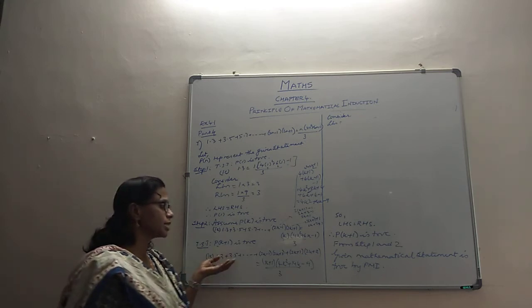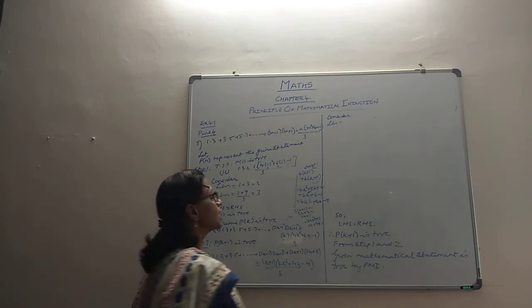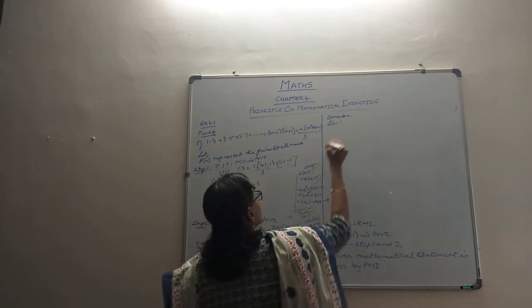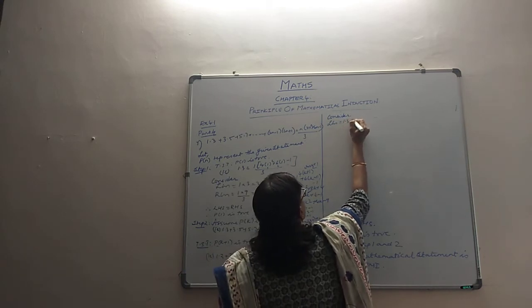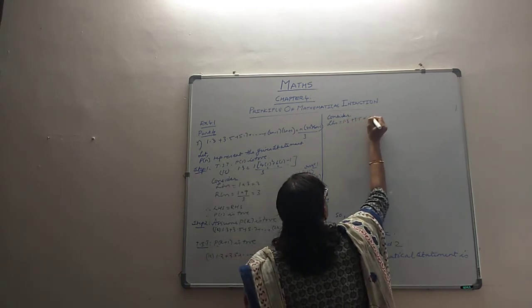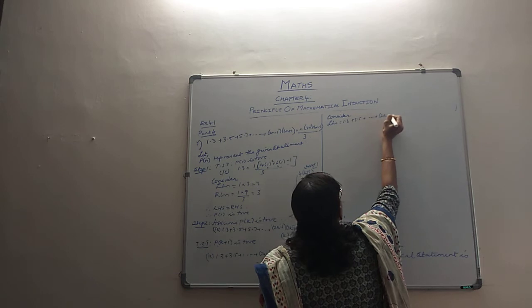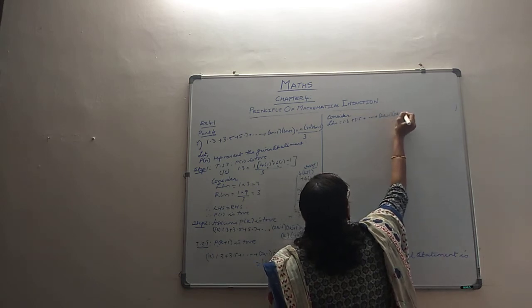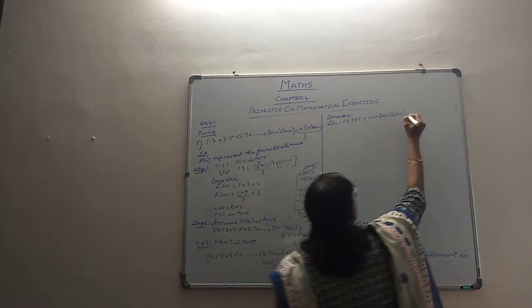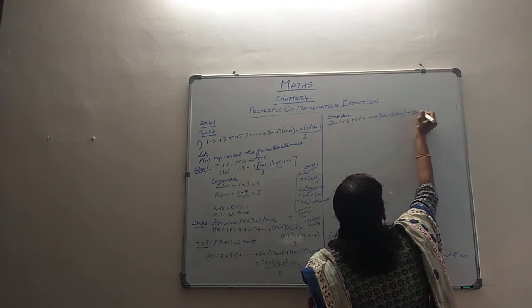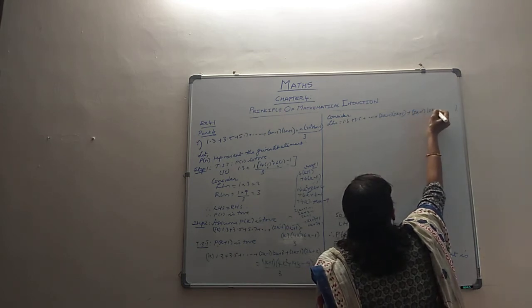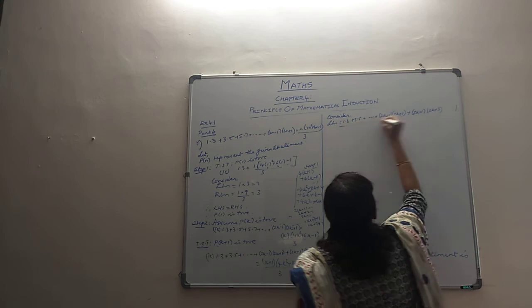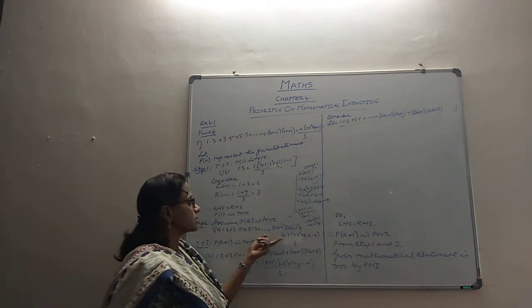Now in order to show this, let's consider the LHS and see how it works. In the LHS, we've got 1 into 3, 3 into 5, and so on. We reach till 2k minus 1 into 2k plus 1. The next term is 2k plus 1 into 2k plus 3. Because we know this result, we can substitute directly.